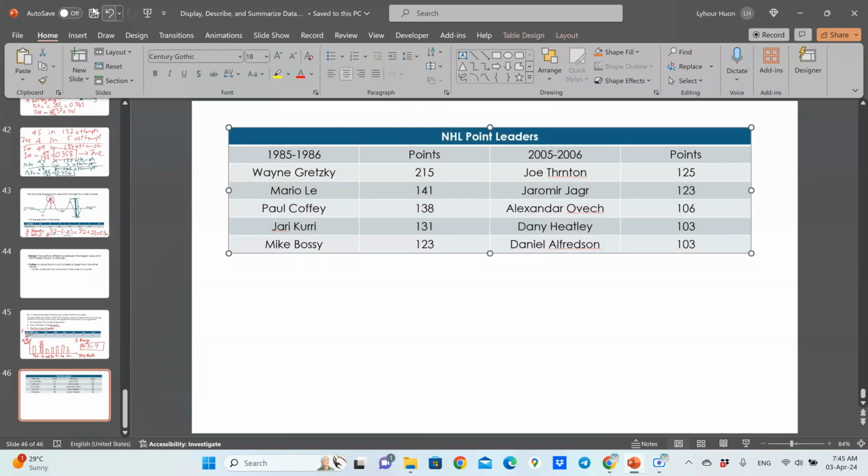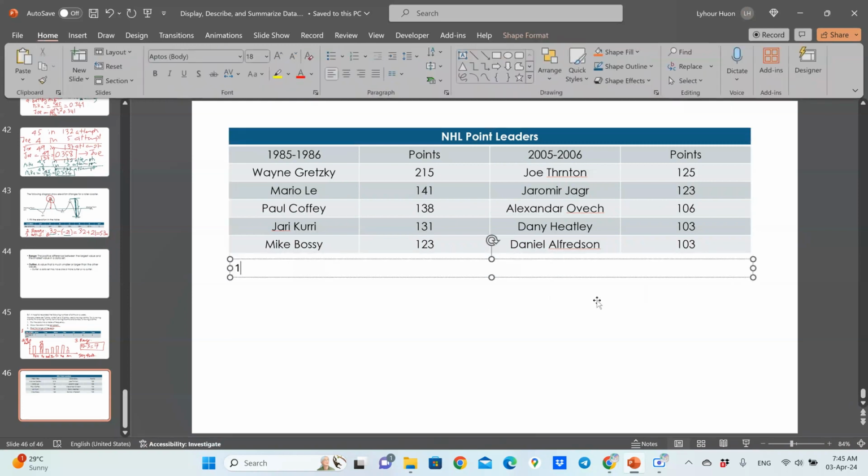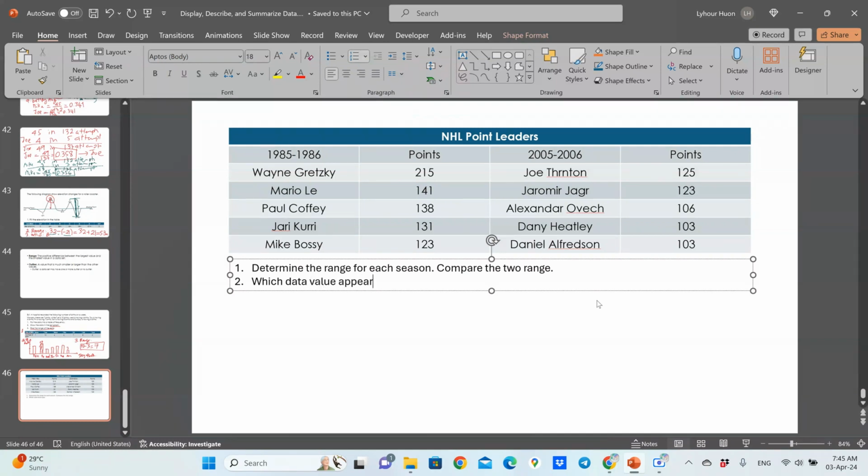Okay. With these given data, one, determine the range for each season and compare these two ranges. Two, which data value appears to be an outlier in one or two seasons.